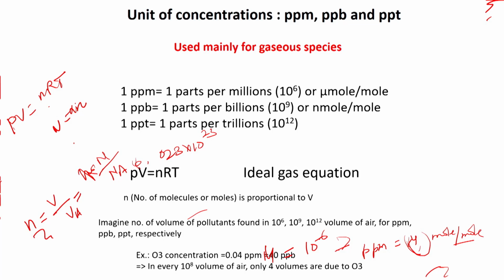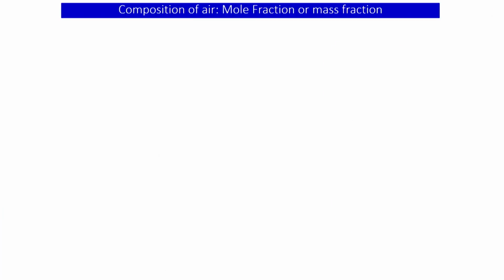Now, you can imagine 10 to the power 8 molecules of air are there, and in that there are only 4 molecules of ozone. So, this is such a trace concentration, a very minimum concentration. So, you have to report it this way.